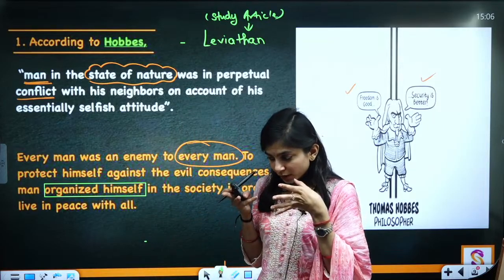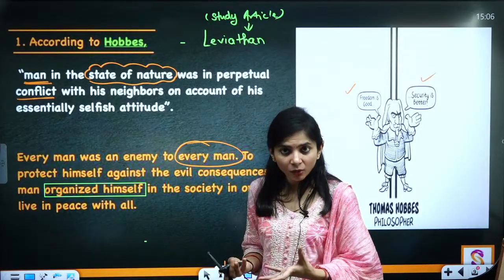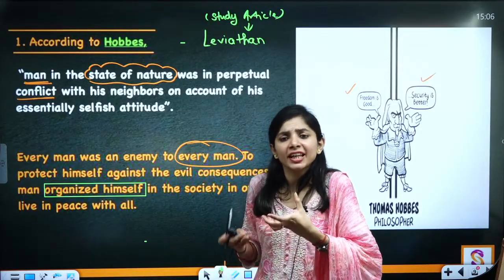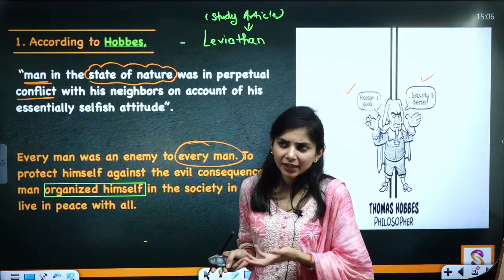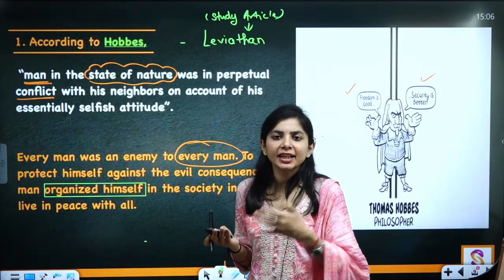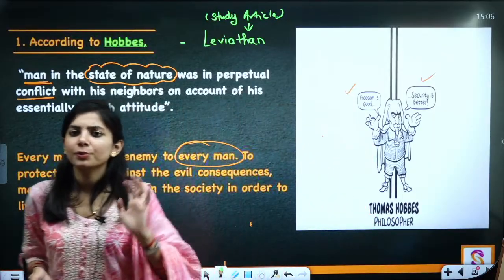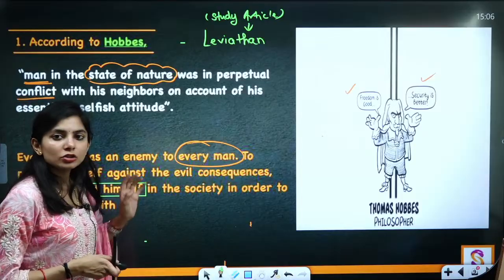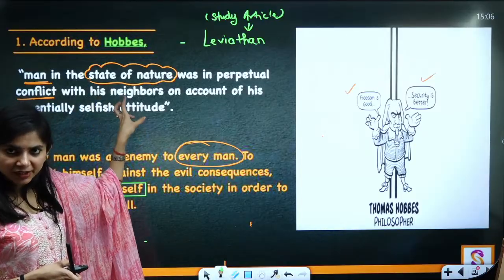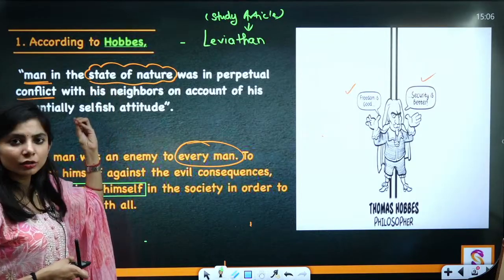So the outlook of the state that we are witnessing now is something that has evolved over a period of time, like constitution, like the inspiration that we had taken from the other countries. That is the basic result. Fine, I hope you are able to understand. So this is the first explanation or the argument we are giving related to Thomas Hobbes.